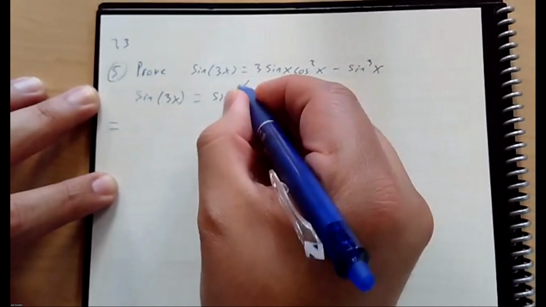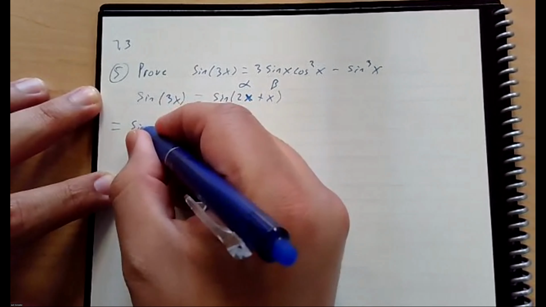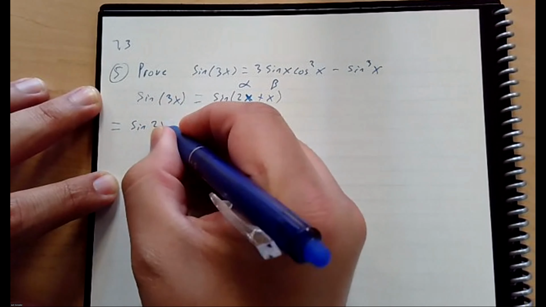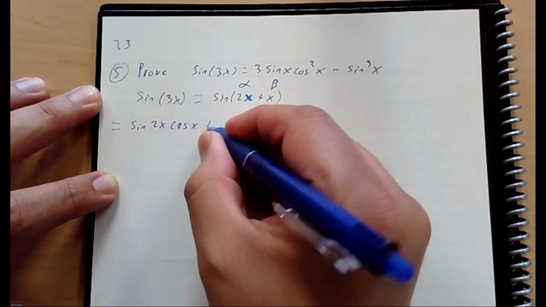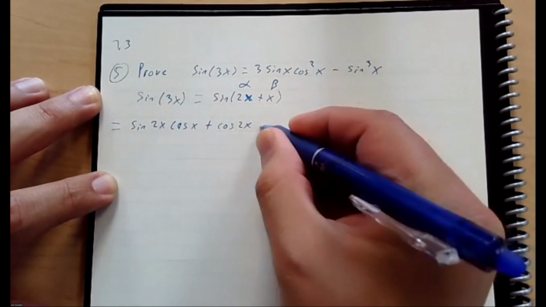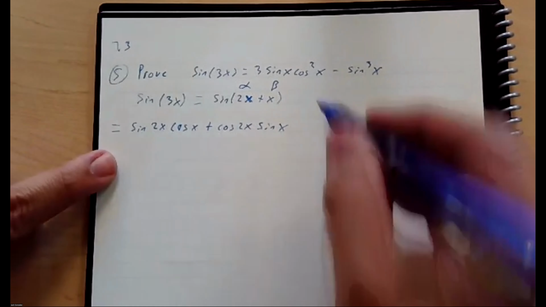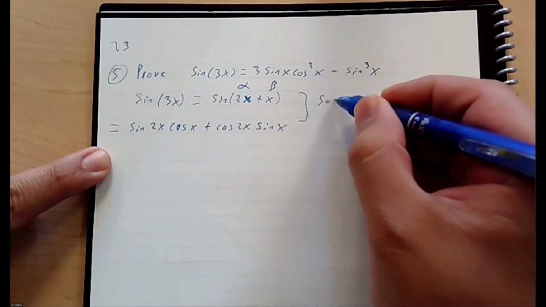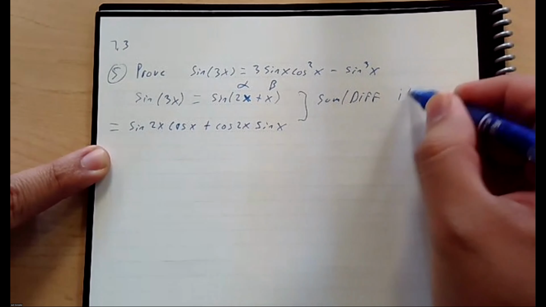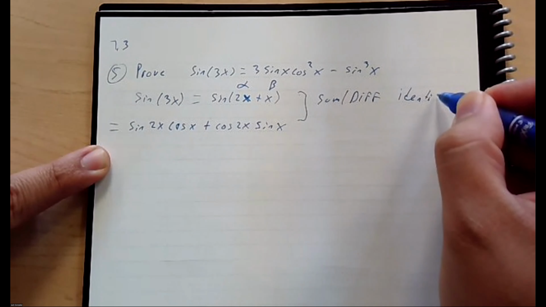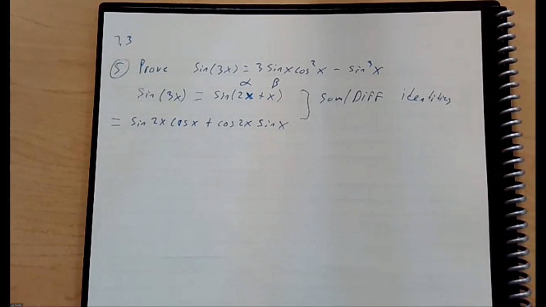Make this your alpha and beta. The formula says sine 2x cosine x plus cosine 2x sine x. So this is the sum and difference identity.